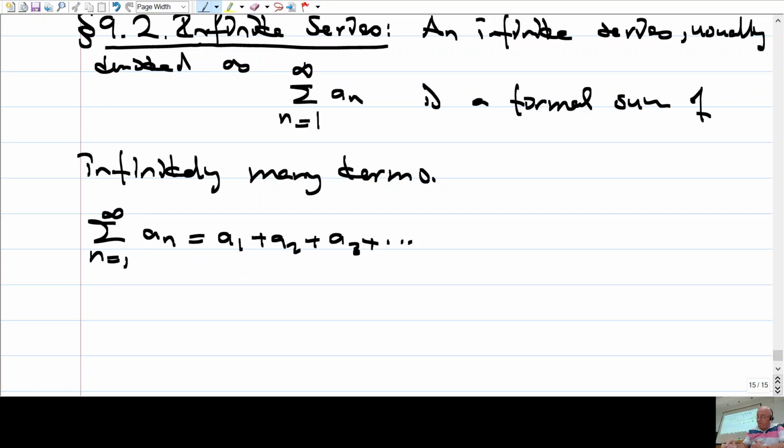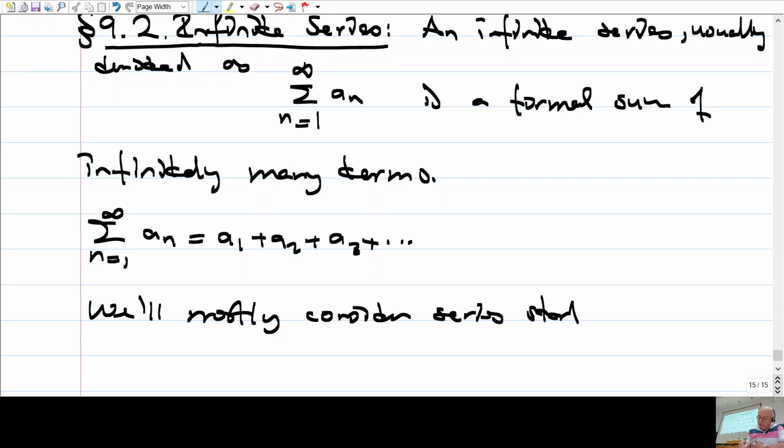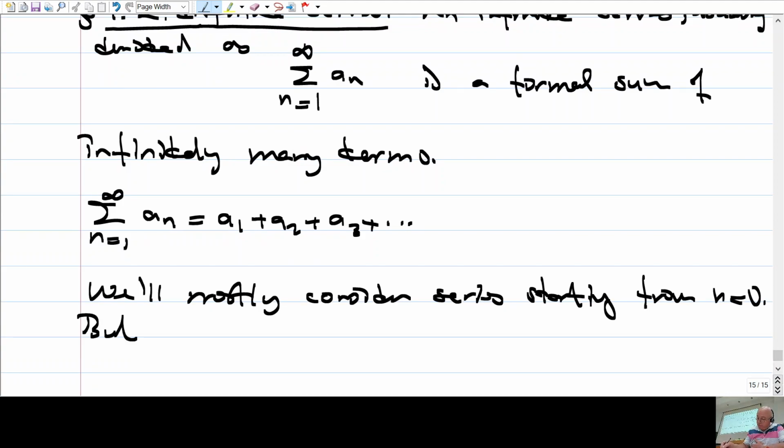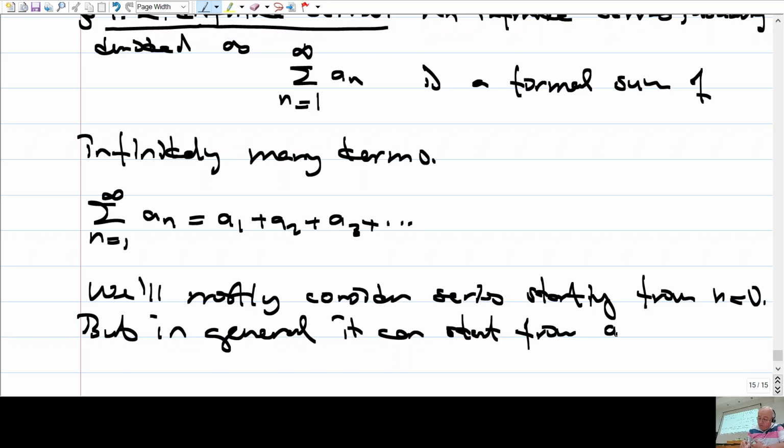Usually we actually write the summation from not 1 but 0. We will mostly consider series starting from n equals 0, but in general it can start from any integer.